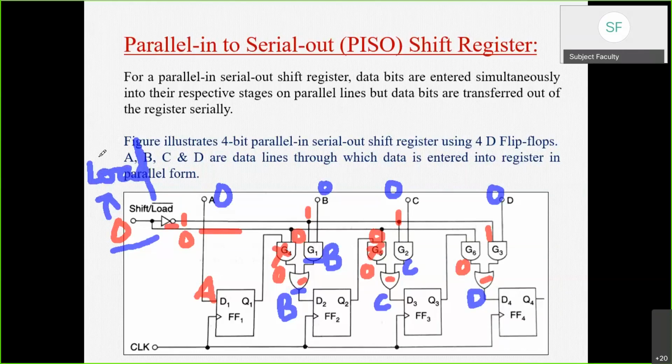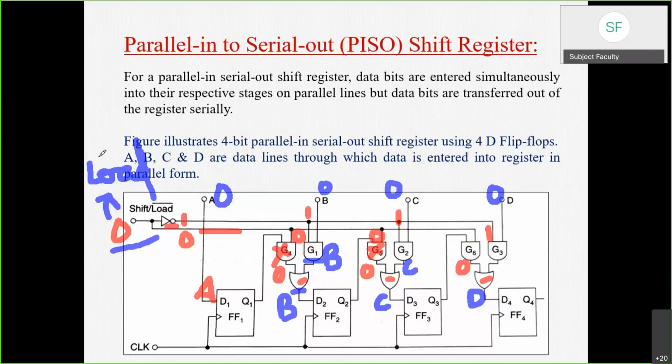Just remember that the parallel-in serial-out, or PISO, shift register works in two modes. The mode is determined by the value of the shift/load bar terminal. If it is 0, then your flip-flops are loaded with the input values, that is ABCD.